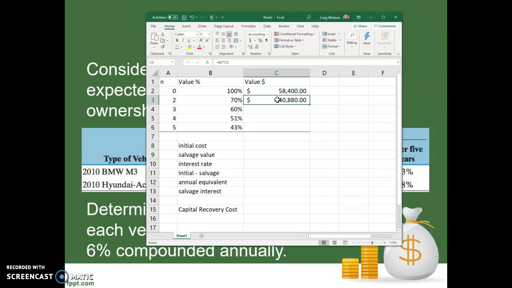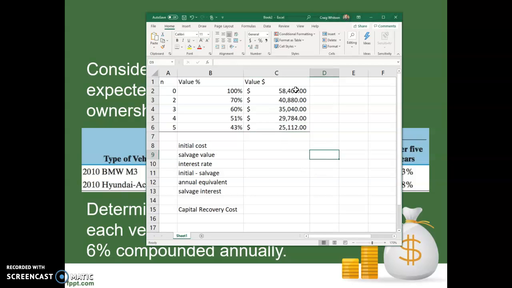So I need to adjust this formula. This cell reference to cell C2, I need it to stay in row 2. So I'll put a $ sign, $2. That way, when I copy these values down, I'm finding 43% of the original price, or 51% of the original price.